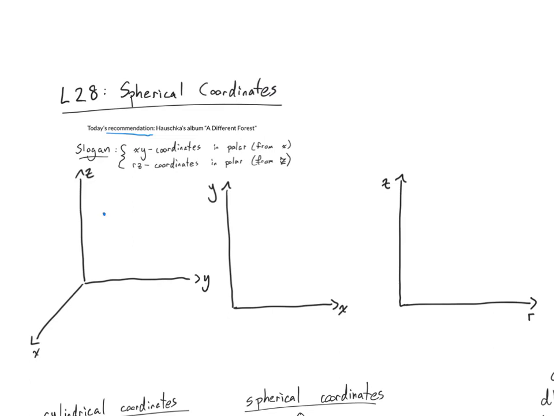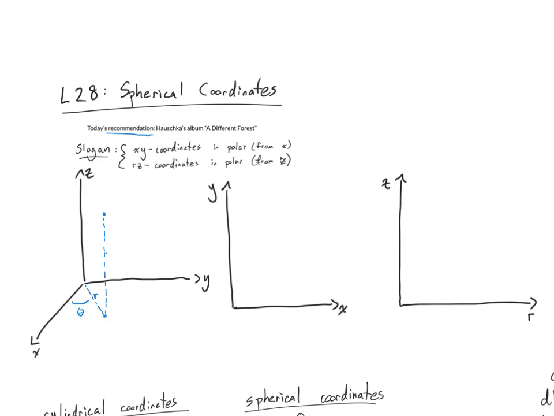To find the spherical coordinates for that point, we project it down into the xy plane, and in the xy plane we put that point in polar coordinates. So we find an angle theta and a length r that would tell us its coordinates in the xy plane.